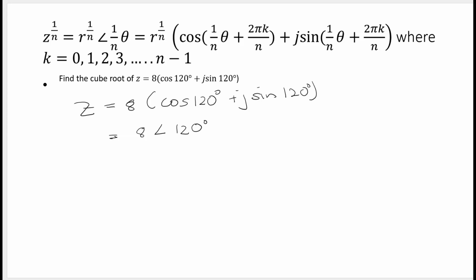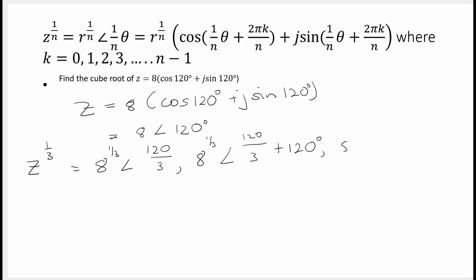Okay, so we need the cube root, so that's z to the power of a third. So that's going to be 8 to the power of a third, angle 120 over 3, and then 8 to the third, angle 120 over 3 plus 360 over 3, which would be 120.